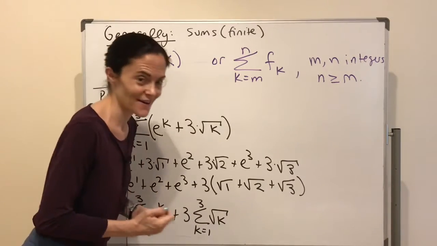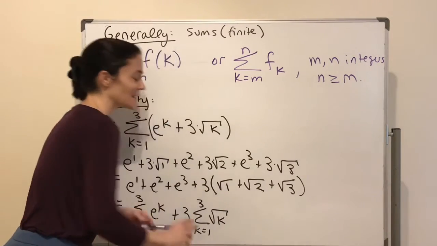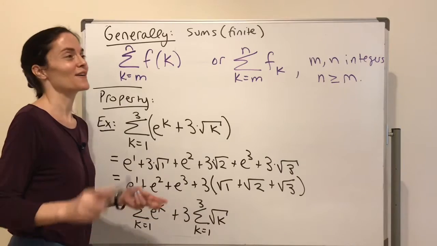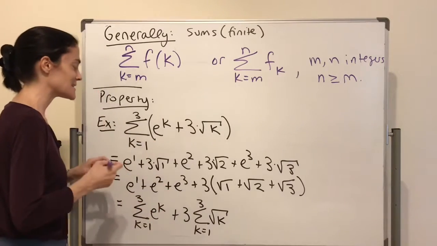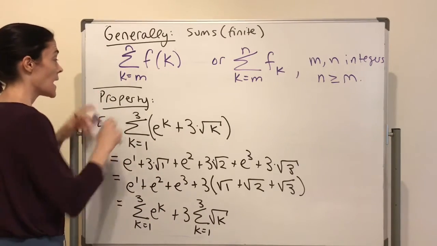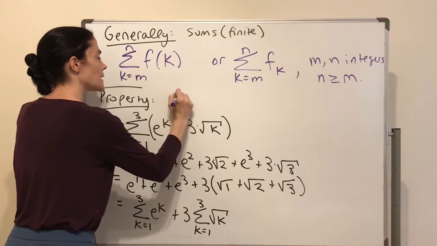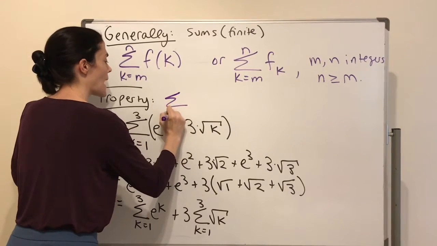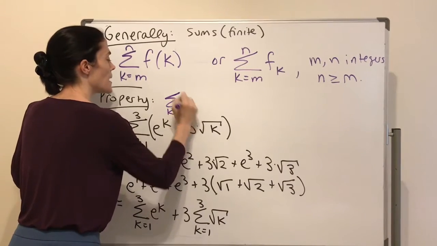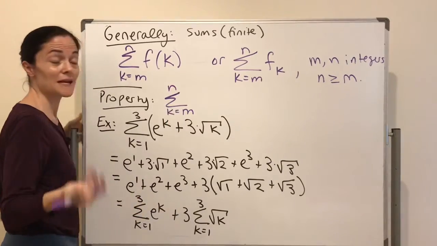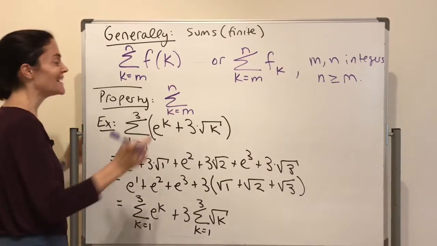It's called linearity, and we've seen linearity of the derivative, linearity of the integral, and this is linearity for sums. And what it says, I will write here, if you sum, I will write it more generally m to n, just because you don't have to start at 1.